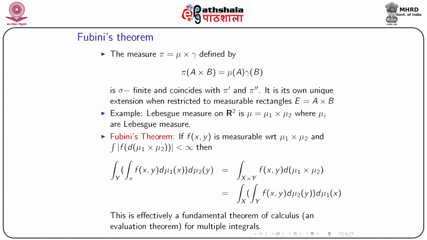It says that if f(x,y) is measurable with respect to mu1 and mu2, and the integration of mod of f d mu1 times mu2 is finite, then the integration over y of the inner integration over x of f(x,y) d mu1 x, d mu2 y, is the same as integrating over x cross y of f(x,y) d mu1 cross mu2, which is the same as first integrating over y, then integrating over x.